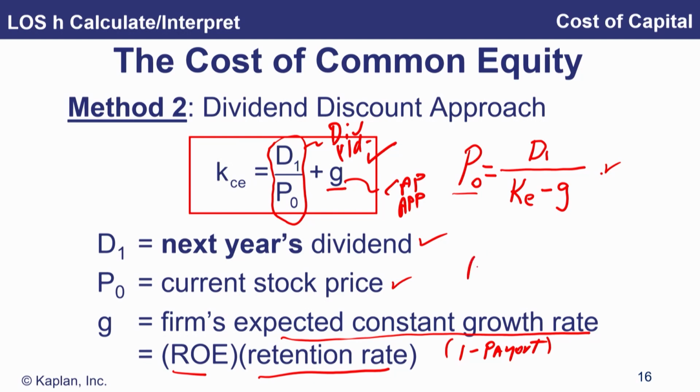So if that ROE is 10% and we pay out 30% of our earnings as dividends, that means 70% will be retained earnings, which goes to increase equity. So if we assume a constant ROE, we end up with a constant growth rate of equity, constant growth rate of earnings.